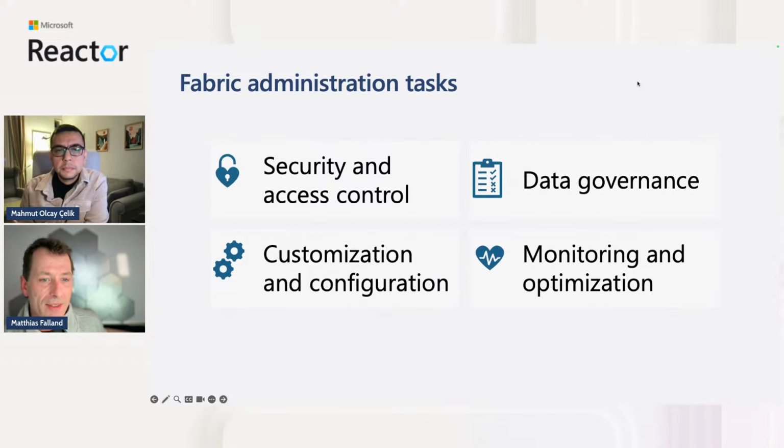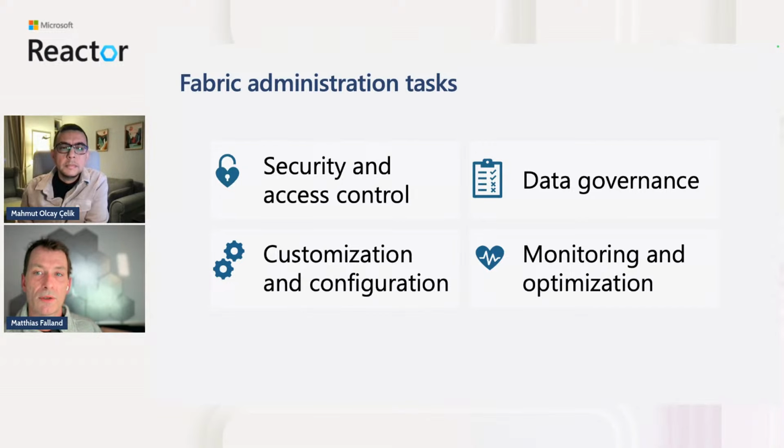So you have some Fabric administration tasks. You need to be sure about security and access control. I personally think applying the security and access control is part of the architecture and should be part of your workspace design, but ensuring the proper integration with identity and access management and leveraging all the power of Entra ID in your Fabric environment is a very important part, as is managing the access on a lifecycle basis.